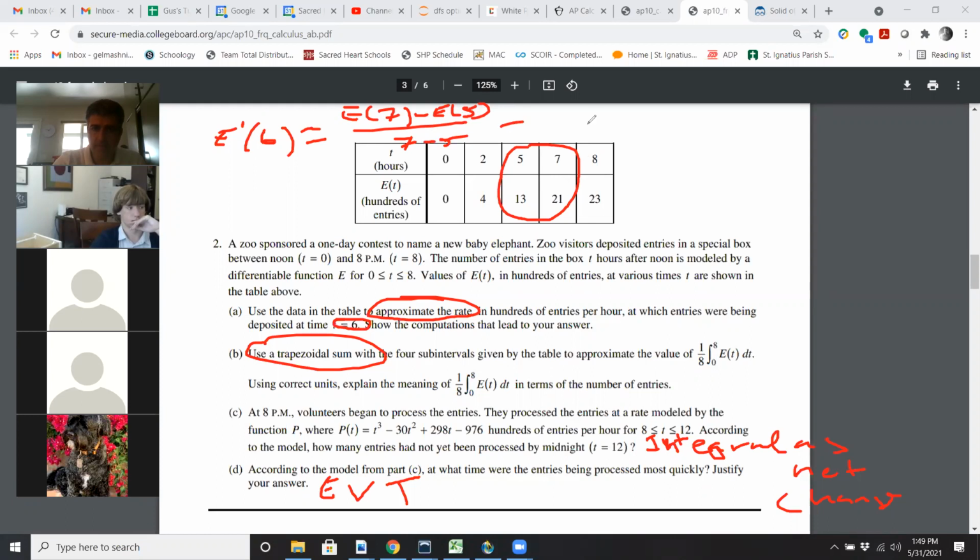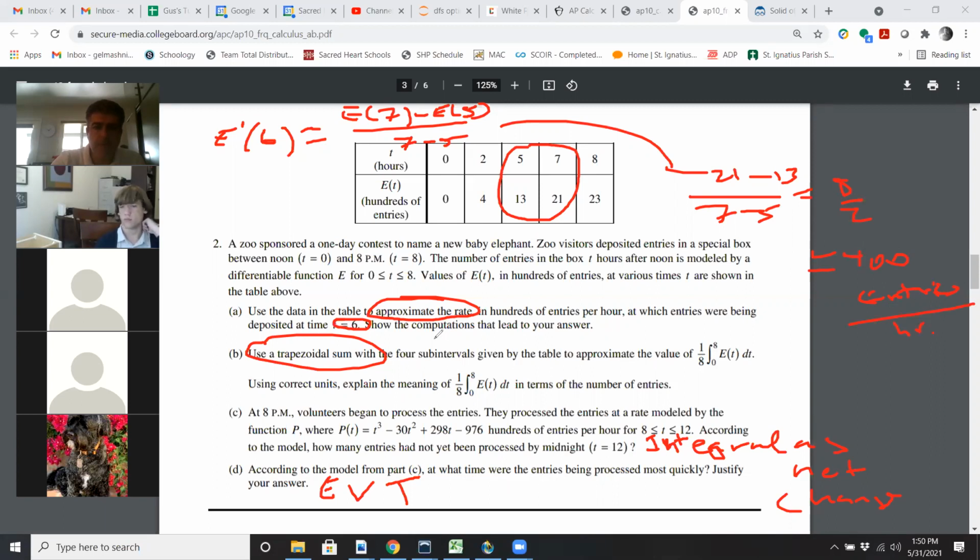That's all. So 21 minus 13 over 7 minus 5, or 8 over 2, which is 4. And do you give the units? So it's 400 entries, because it's in hundredths, right? So you say 400 entries per hour.